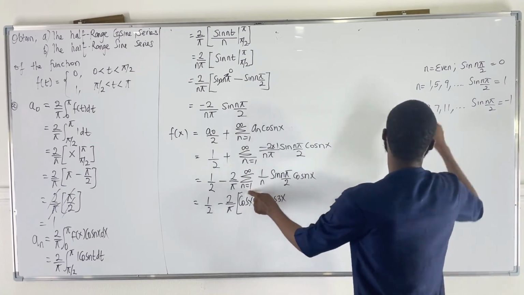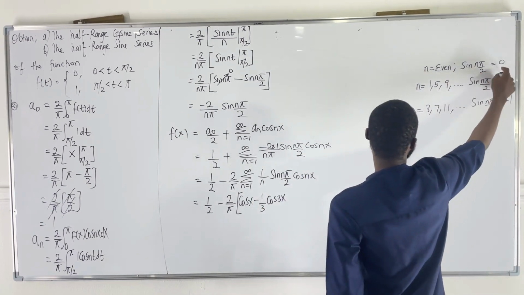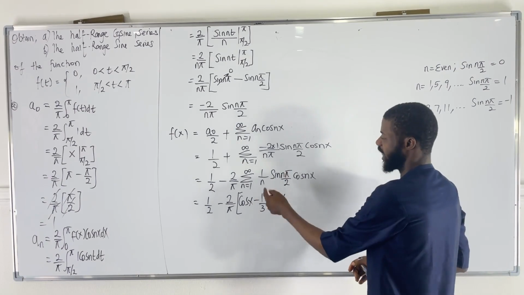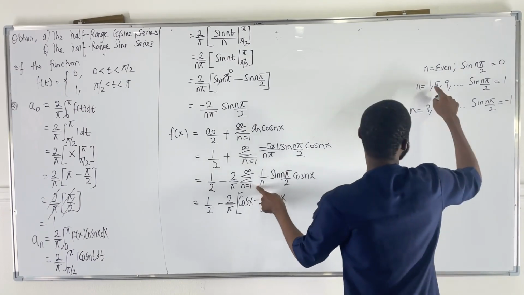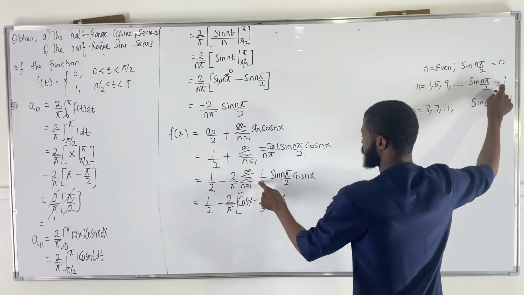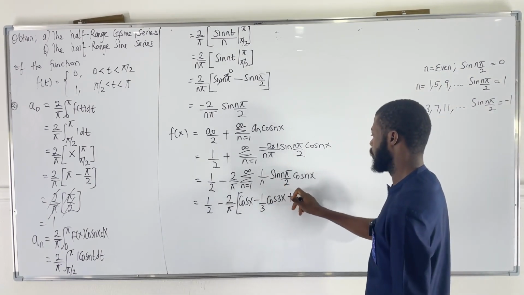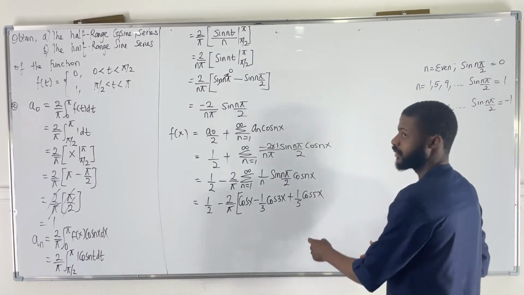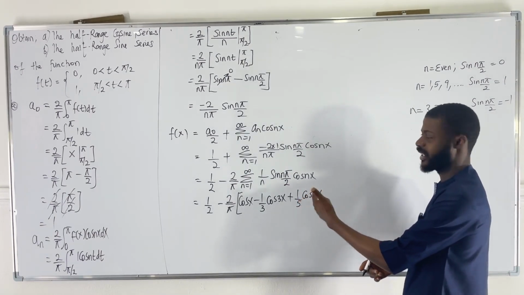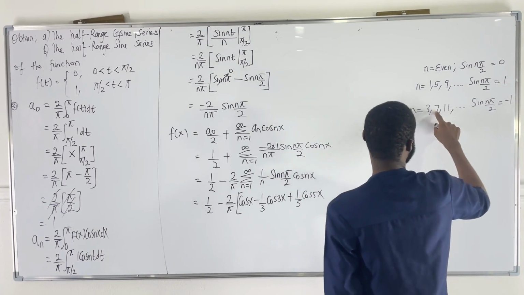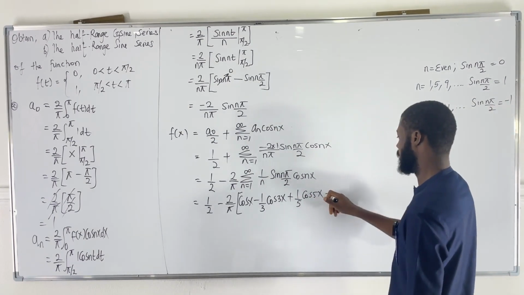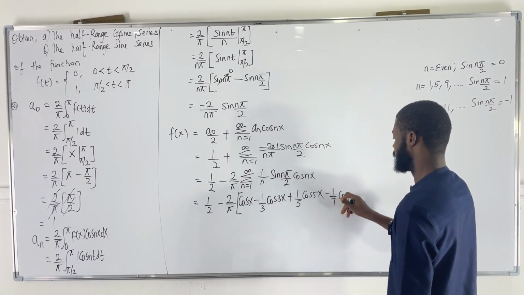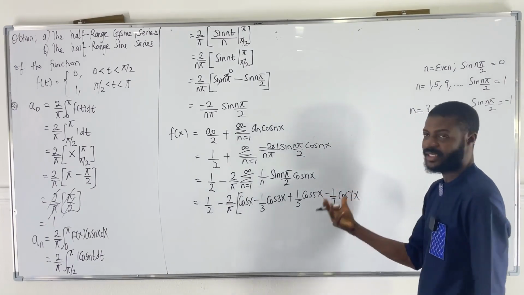Let's go to 4. Now when n is 4, that's even. So this will give us 0. So we'll go to 5. When n is 5, this is 5 here, and this is positive. So this will be plus 1 over 5 cos 5x. Now the next is 7. When n is 7, we get minus 1. So this will be minus 1 over 7 cos 7x. And if you notice, there's now a pattern to it.